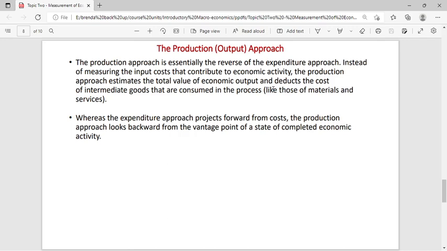So for the other expenditure approach, we are looking at costs. In other words, we are looking at what we spend or what we pay to acquire either service or product. But for the production approach, we look at the economic value of the output.